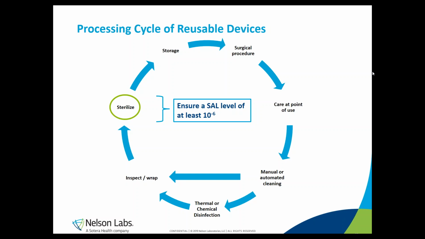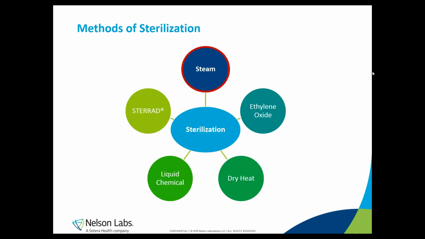Where for disinfection, for example, a 6-log10 reduction of vegetative bacteria needs to be validated, sterilization has a much stricter acceptance criterion. A product is considered sterile when a sterility assurance level of at least 10 to the -6 can be shown. Pre-vacuum steam sterilization is validated to a sterility assurance level of at least 10 to the -6, meaning that there is less than a 1 in 1 million possibility of a contaminating organism surviving the treatment.